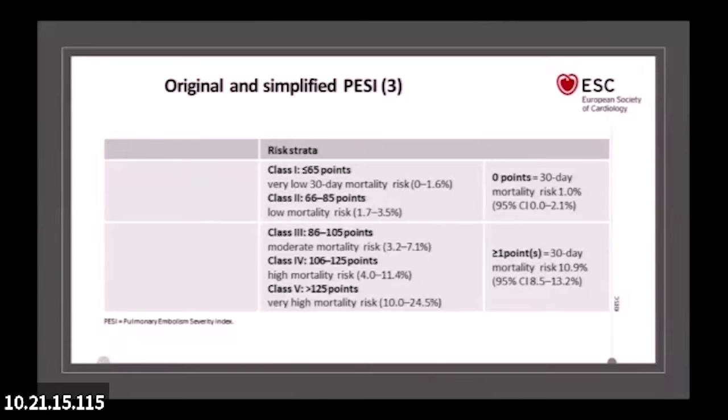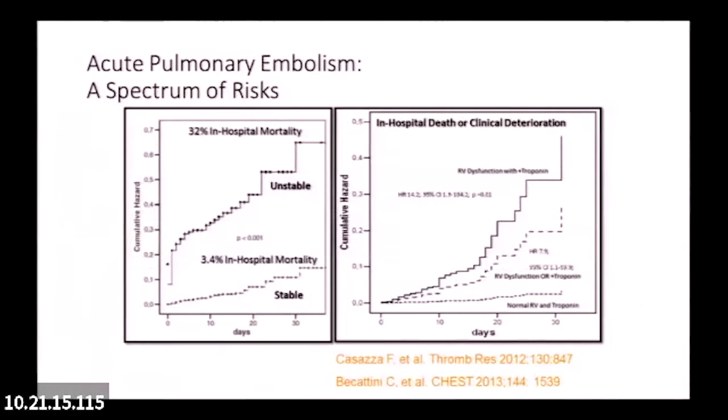For the simplified PESI score, if the number is more than 0, it carries a mortality risk of almost 11%. Another thing that we found may help to stratify the risk for those stable patients is RV dysfunction or troponin elevation.